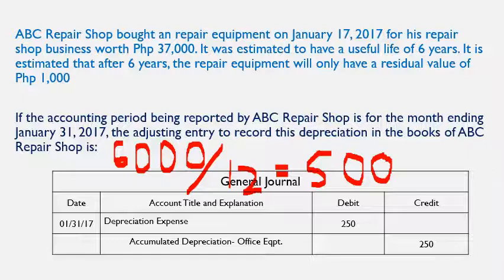So, you have to get the value of monthly depreciation expense. Okay? So, monthly depreciation expense niya is 6,000 divided by 12. We have here 500 pesos. So, 500 is the monthly depreciation expense. So, bakit 250? Hindi 500 pesos.